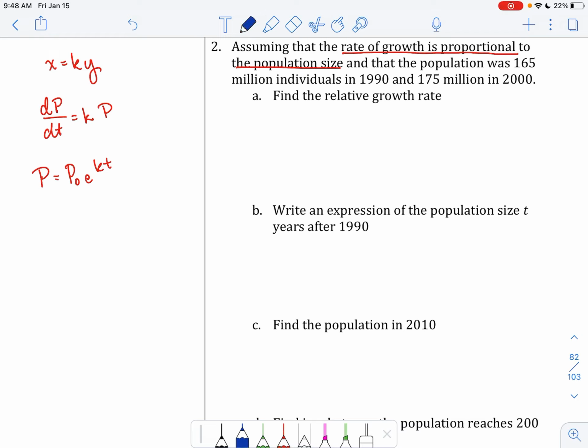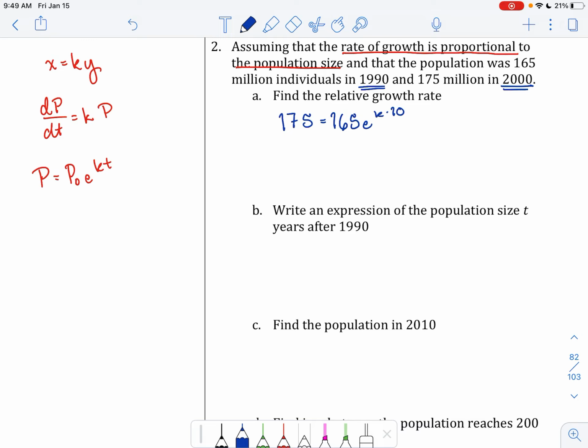So here I'm going to say, well, the population is now 175. The earliest one we know is 165, e to the kt. We're going from 1990 to 2000, so that means t is actually equal to 10 because it's about the amount of time that has passed.